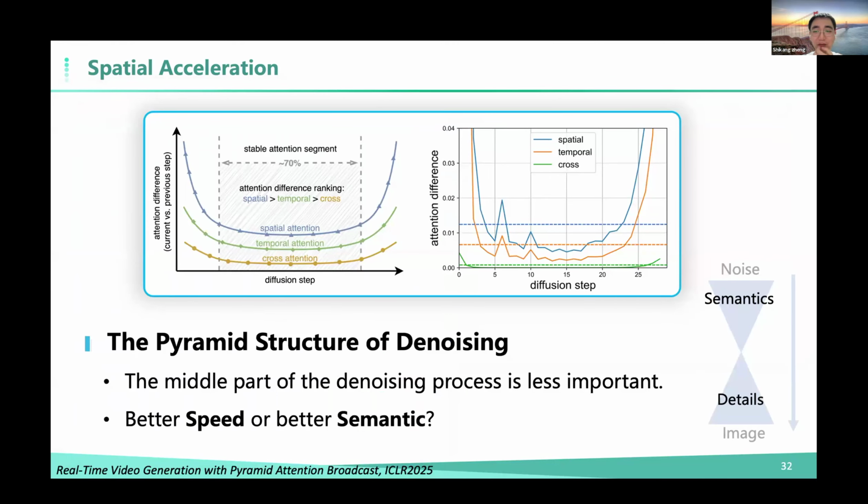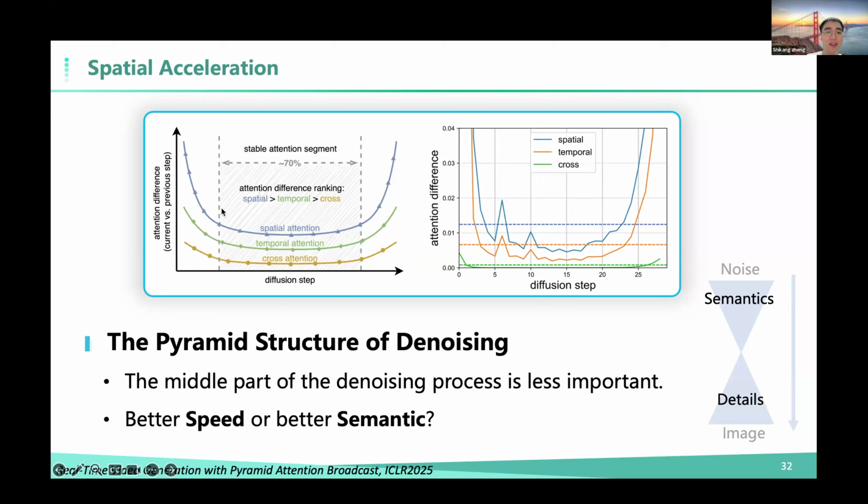And the other thing that confused me a lot while doing this project is that previous dynamic resolution methods often follow a structure called the pyramid structure of denoising. A lot of papers observed this, and I'll just talk about one of them, called pyramid attention broadcast.